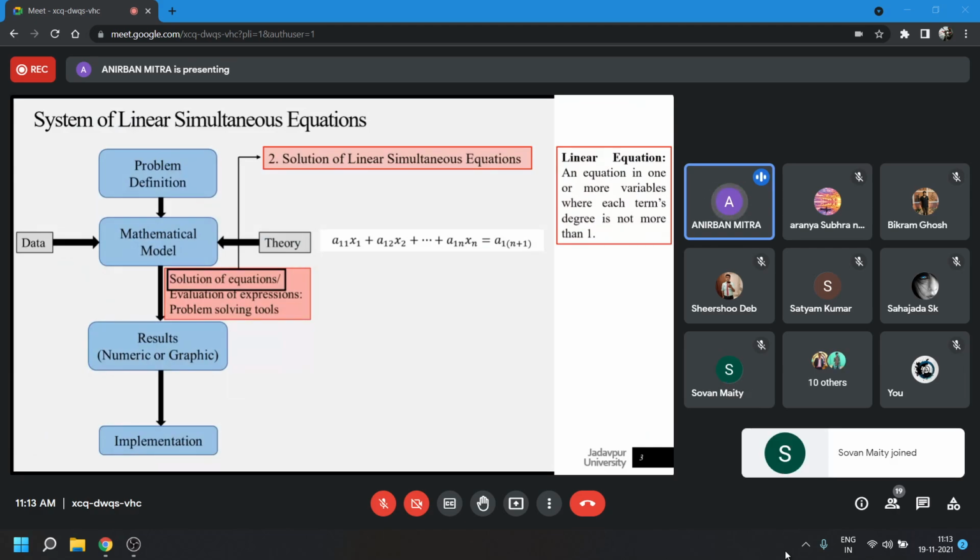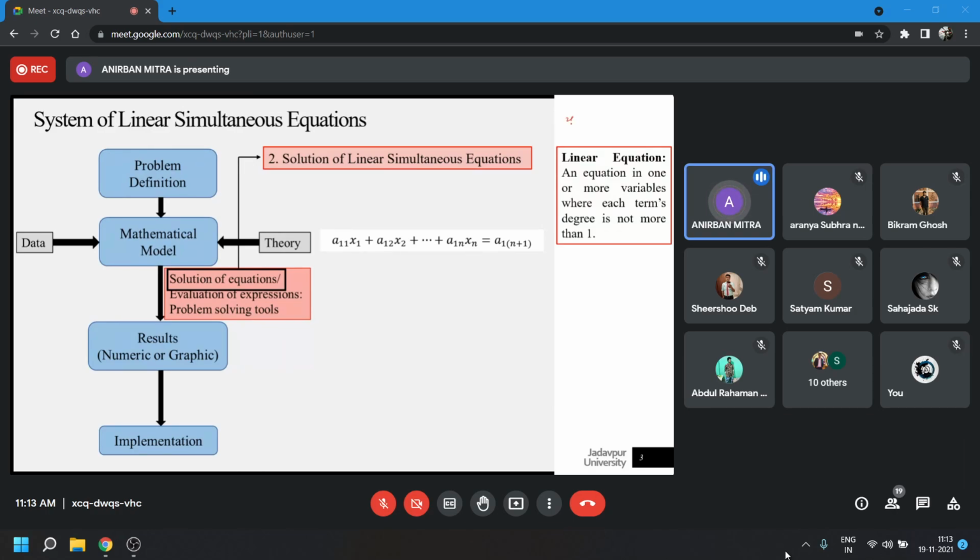An example of such a linear equation you are probably familiar with: when we write equations of a straight line, we write y is equal to mx plus c. So this is an equation which is linear in form.